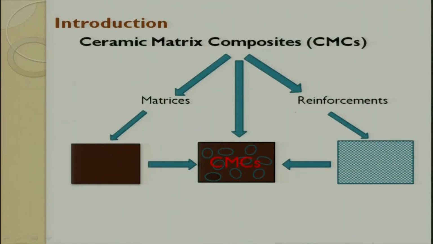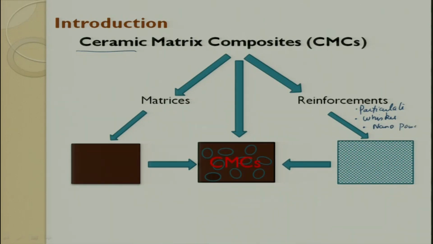When you talk about matrices, since the form of existence of ceramic is always powder form, the reinforcement whatever we mix has to also be somewhere close to powder form. So, we always use particulate, whisker, and we use nano powder.